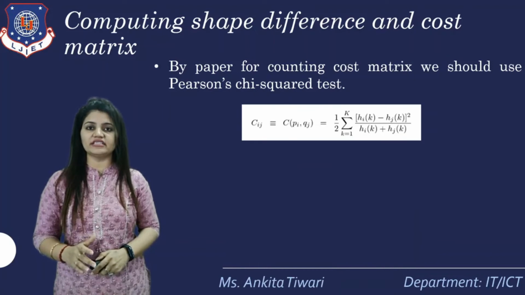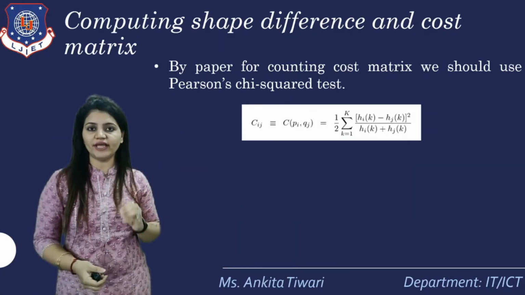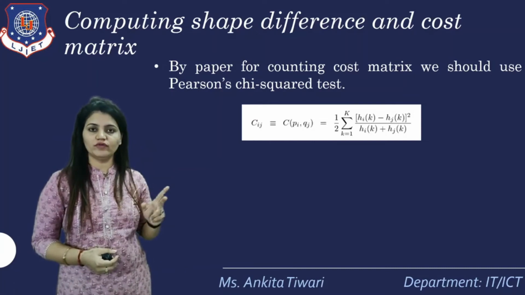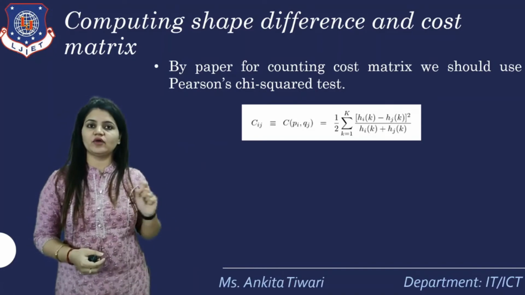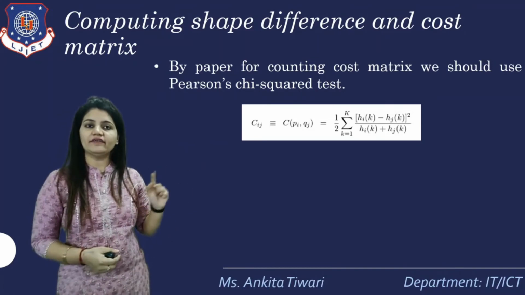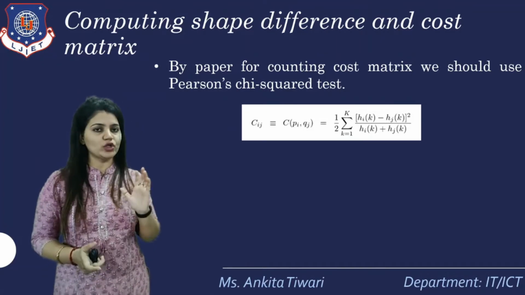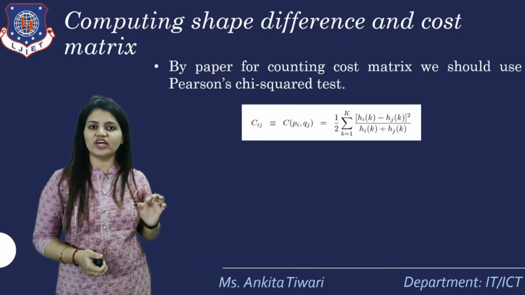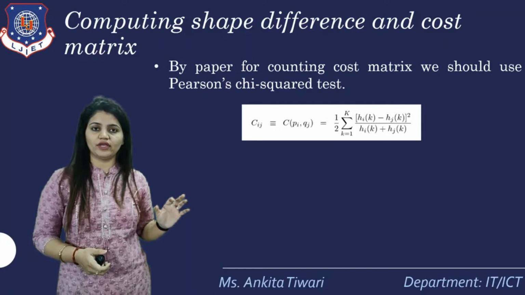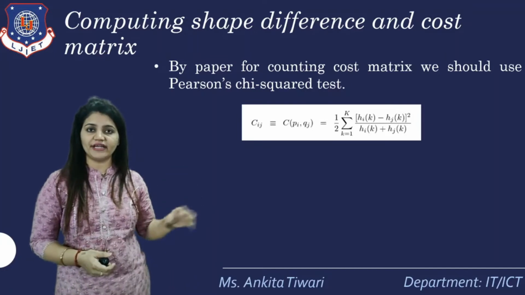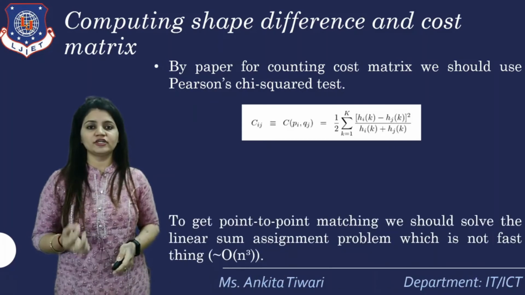It is defined with the formula C of ij, which is C of P of i, Q of j, equal to 1 by 2 sigma, k equal to 1 to K, of h i of k minus h j of k whole square, divided by h i of k plus h j of k. This is the particular formula for computing the cost matrix for a particular shape difference.